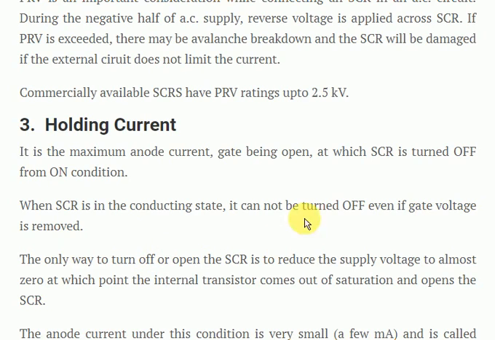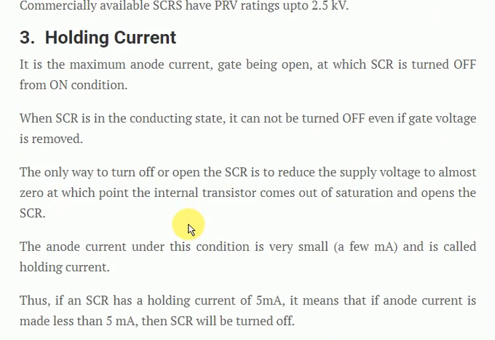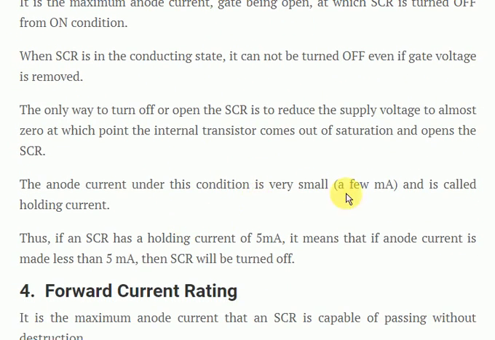It will continue in conducting mode even if the gate voltage is removed, because of the flow of electrons through the P, N, P, N layers, across J1, J2 and J3, and the conventional current flows from J1 to J3.